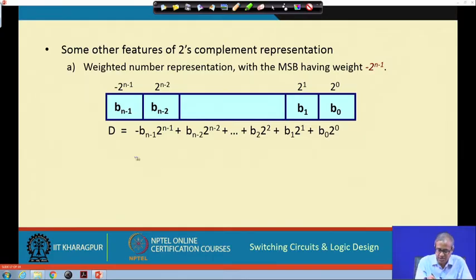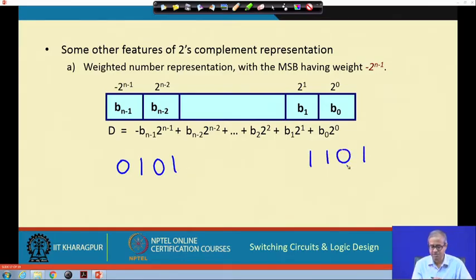Let us say in 4 bits I take 2 examples, 0101 and 1101. I want to find out its value. So, a simple rule is each bit position will have a weight, you add them up. Most significant bit will also have a weight, but negative.